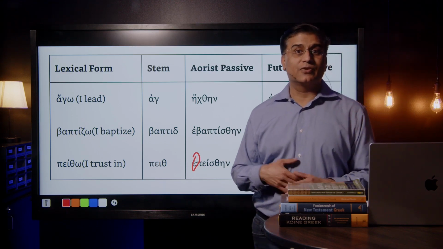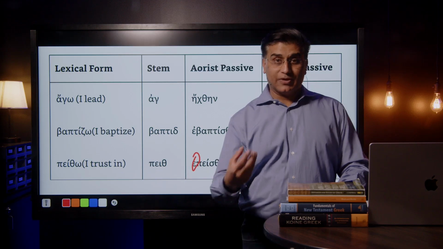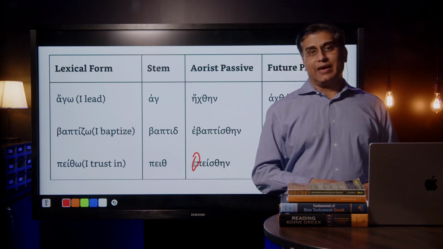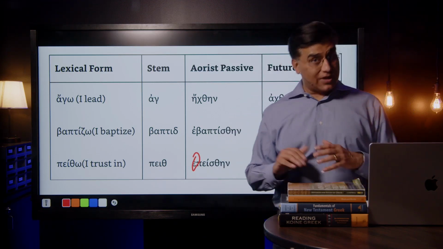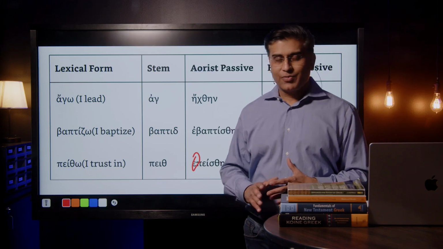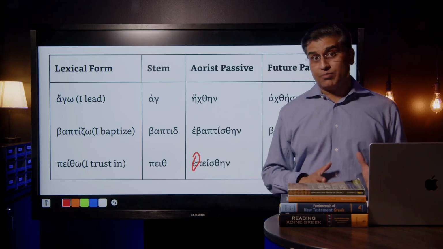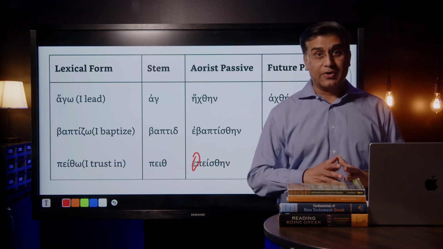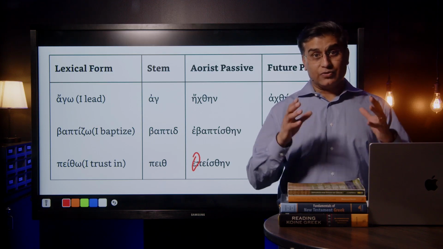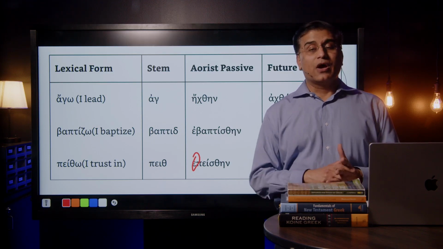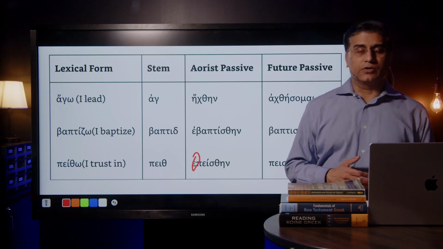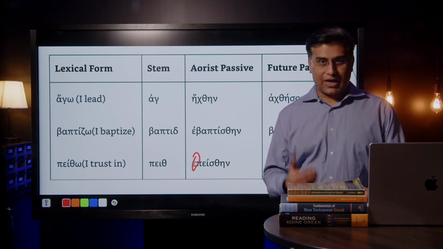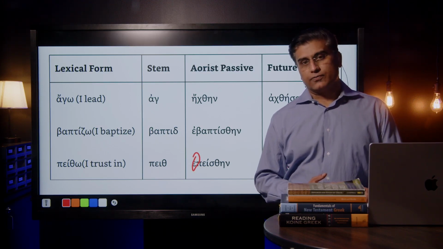You will understand the nuances of the middle. That middle stands on its own. And English grammar does help us, but English grammar can also be misleading because Greek grammar stands on its own two feet. So hopefully this will help you understand the middle and passives of the Greek.